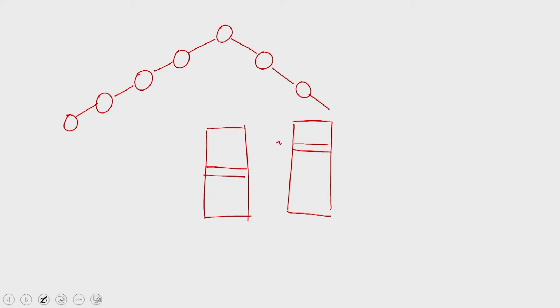So, this has a lower depth I1 and this has a higher depth I2. I2 is greater than I1 means the node at position I2 has advanced more in its column, in the sense that it has done more work in its column.